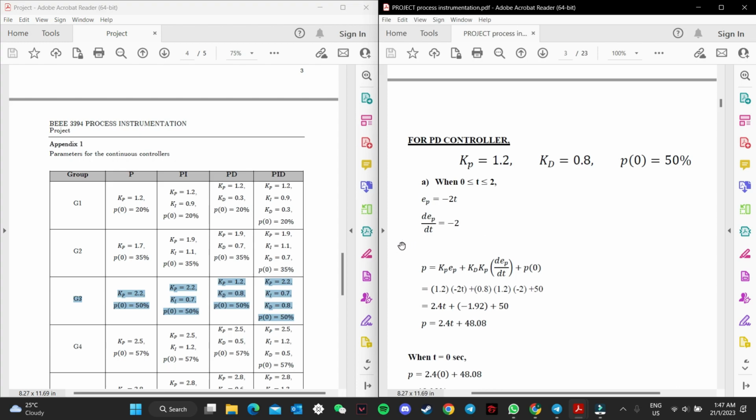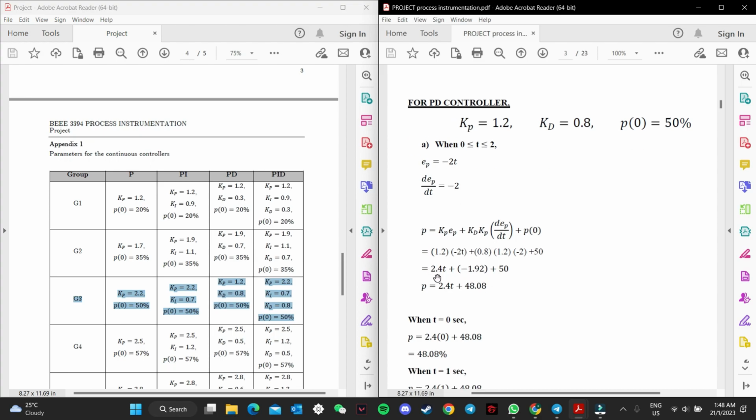We use back the equation, and also as we know, the proportional output value for the PD controller is equal to Kp multiplied with Ep plus Kd multiplied with the differential of the error equation plus the proportional output. So we just substitute the Kp, Ep, Kd, and also the differential of the error equation value inside this equation.